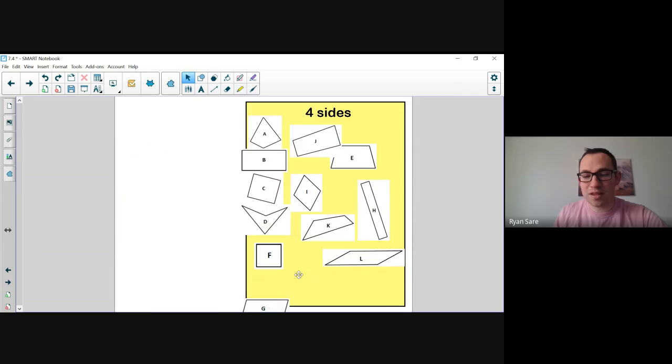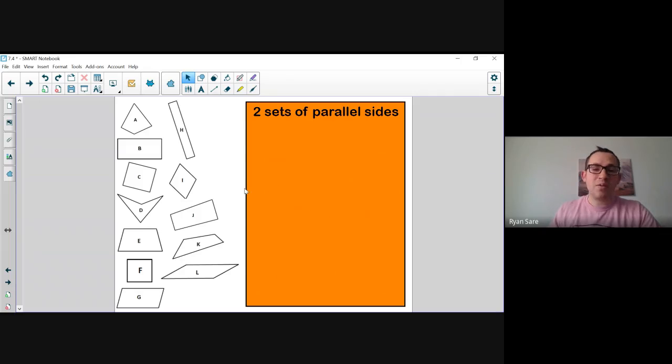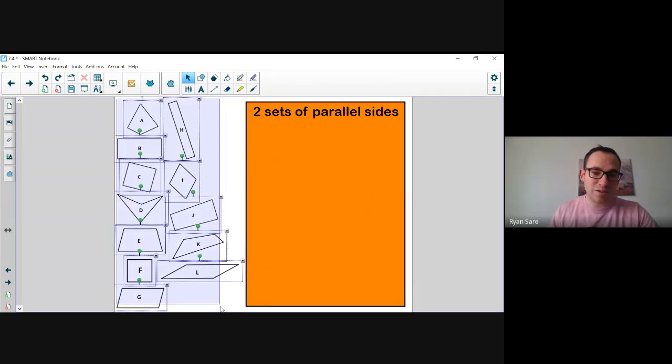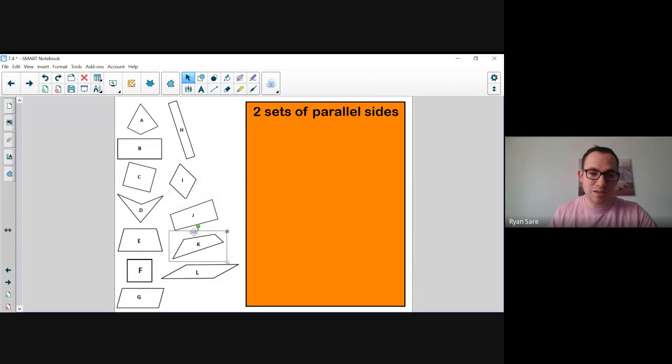You can check each one of these and see, does G, which doesn't want to move right now, have 4 sides? 1, 2, 3, 4. Yes, so we're good. Every one of those shapes has 4 sides. Now we're looking for 2 sets of parallel lines. Let me move these forward.